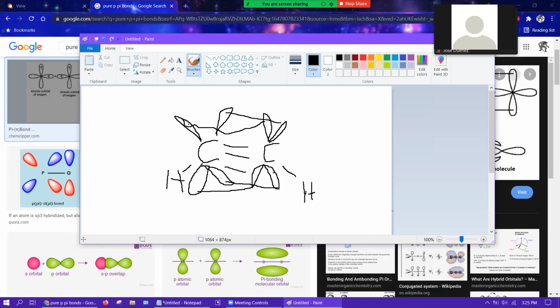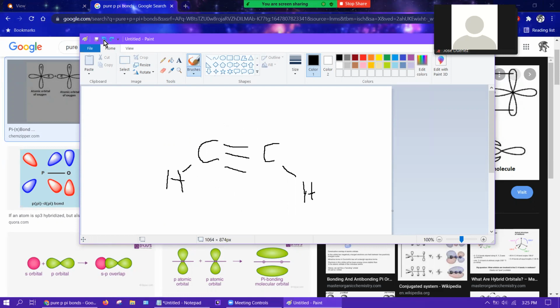Because these p orbitals are doing the bonding, this is a terrible picture, they don't hybridize. If these had electron pairs right here, those electron pairs would also hybridize. So electron pairs and sigma bonds hybridize.